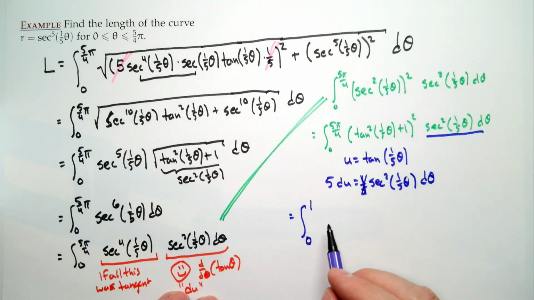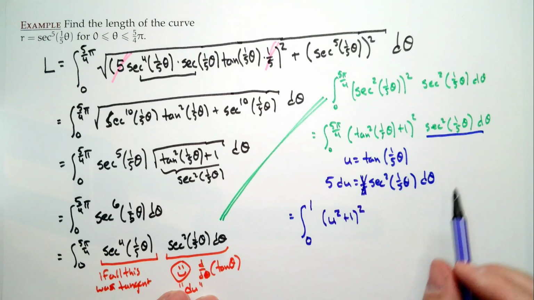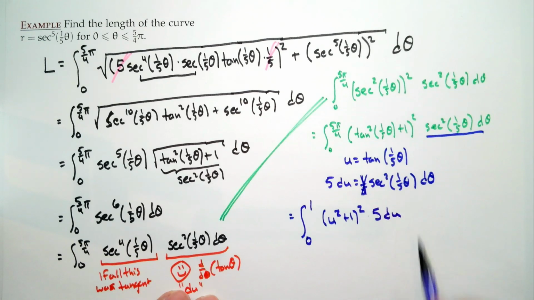Somebody worked hard to get that. We get u squared plus 1 squared, and the rest becomes 5 du. Now we're getting happier, but we're not quite there. What's the next thing to do?